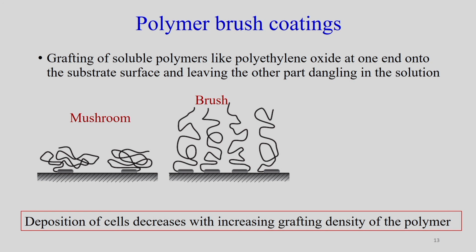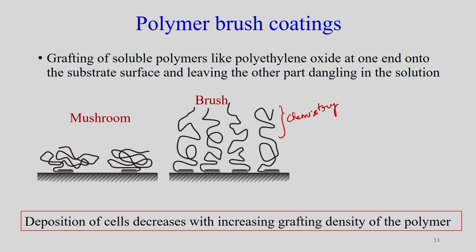Depending on this chemistry, as we know, there will be different intermolecular interactions, starting from van der Waals interactions to electrostatic interactions. So, it may include both attractive as well as repulsive interactions, depending on the conformation as well as the chemistry of these polymer brushes.